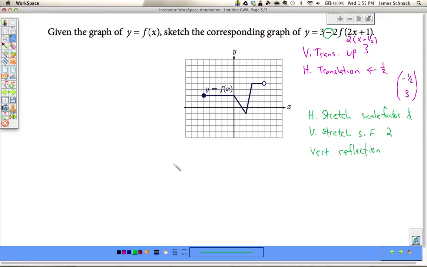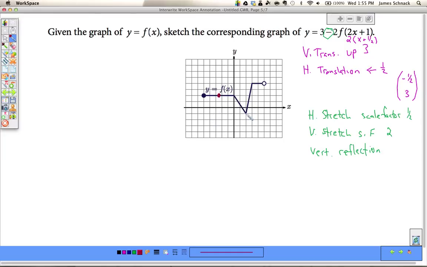So there is a lot of stuff going on here, and we're going to do it one bit at a time. I'm going to start with my horizontal stretch. All of the points, all of the coordinates, get closer to the y-axis by half. So this point that's at negative 5, 2 is now going to be at negative 2.5, 2.